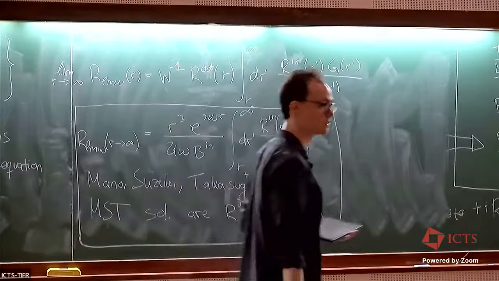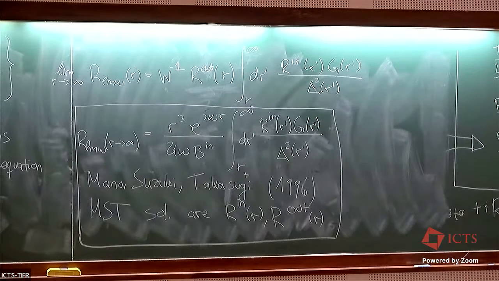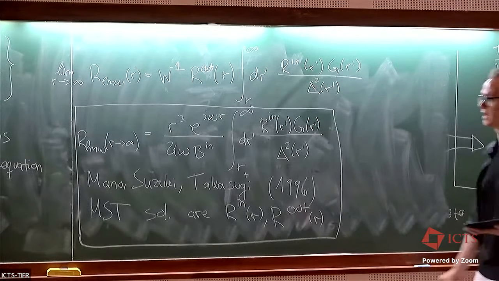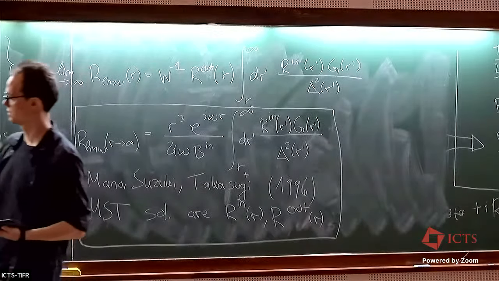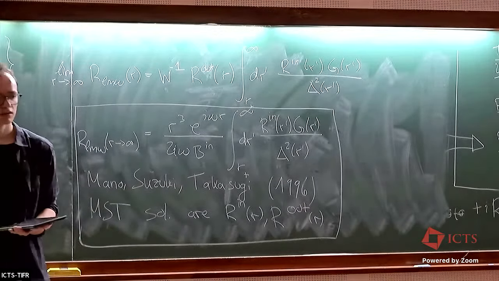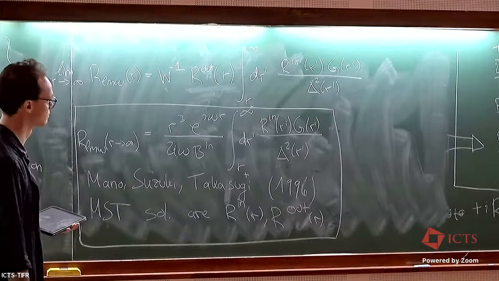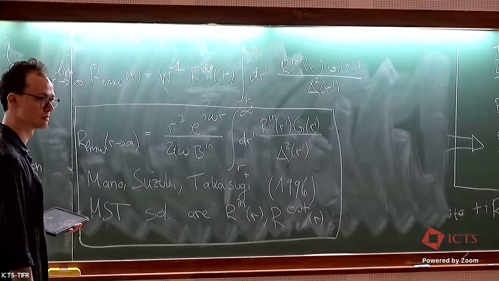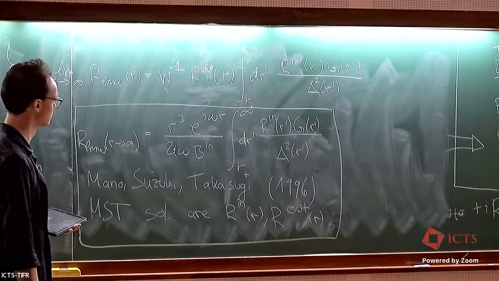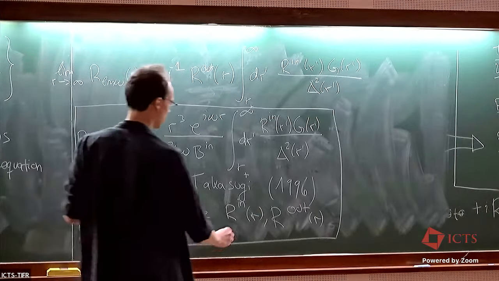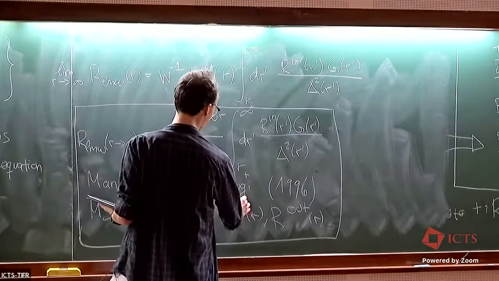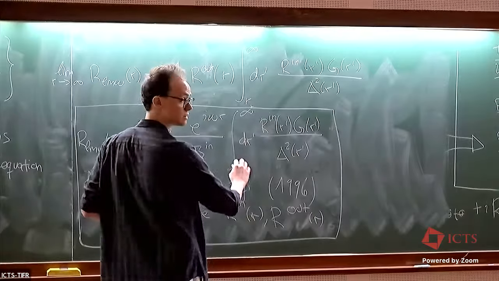Right, so R in is a homogeneous solution, and the "in" just refers to that it satisfies the ingoing boundary conditions at the horizon. Yeah, they found the homogeneous solution, which I called R in.